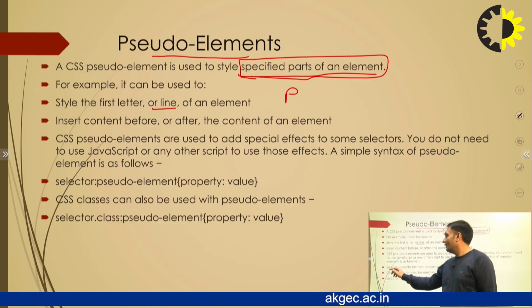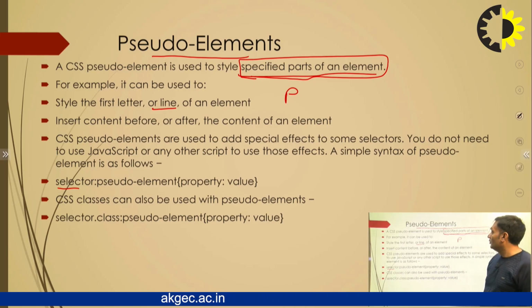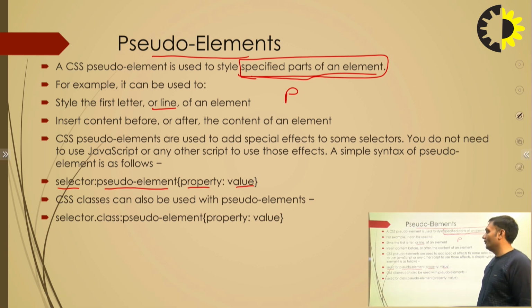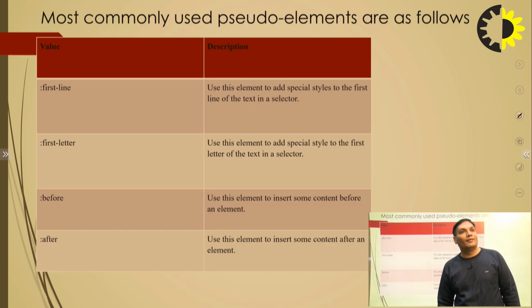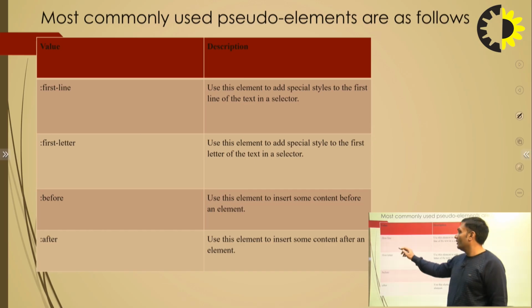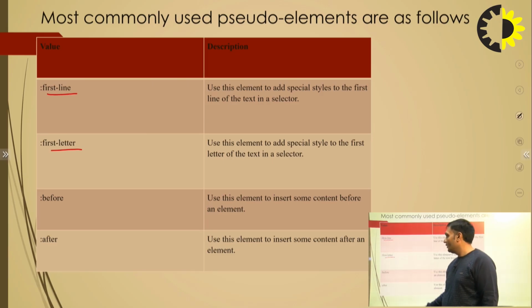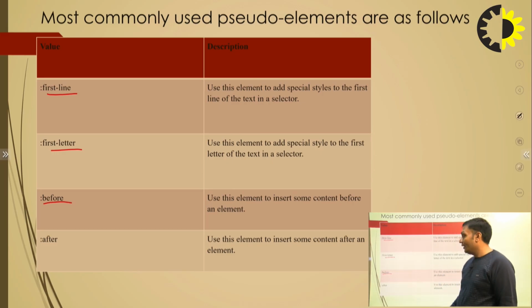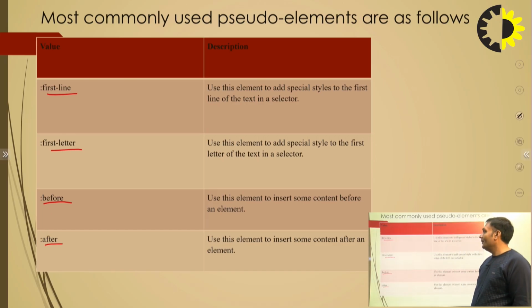First we write the selector on which we want to apply the pseudo element, then the pseudo element name, then curly braces open, then property, then its value. Possible pseudo elements are first line of a paragraph, first letter of a paragraph, before value of a paragraph or element, or after value of a paragraph or element.